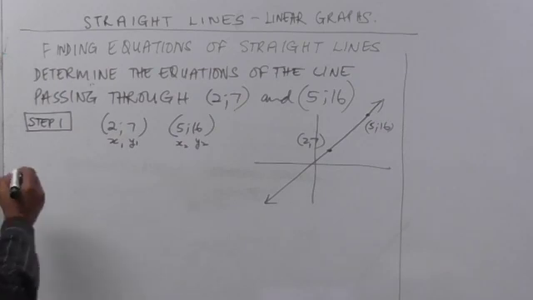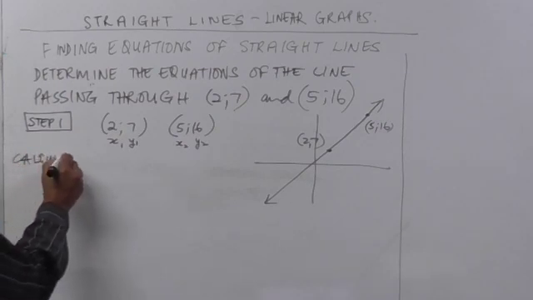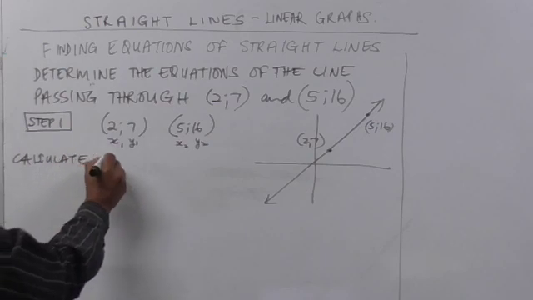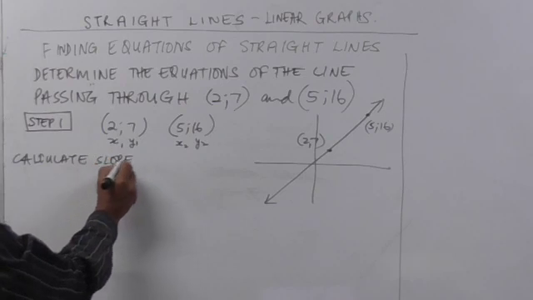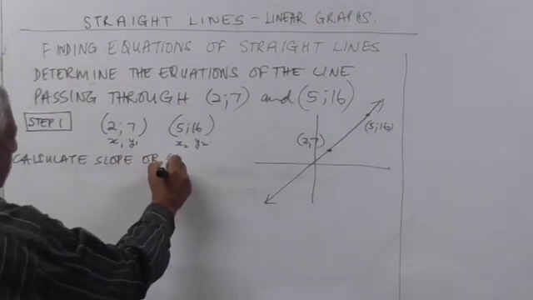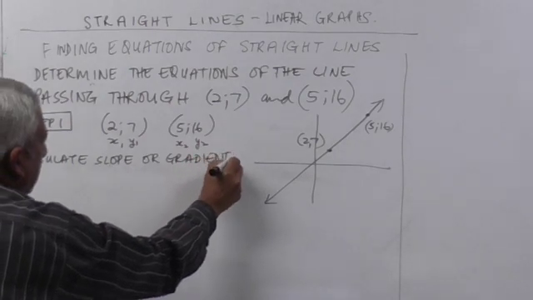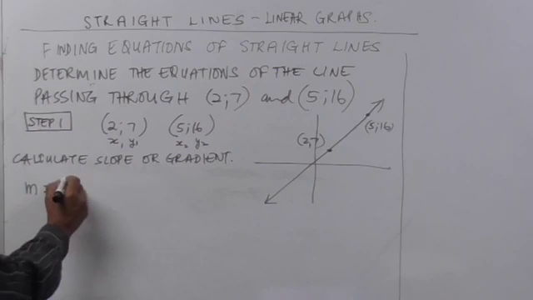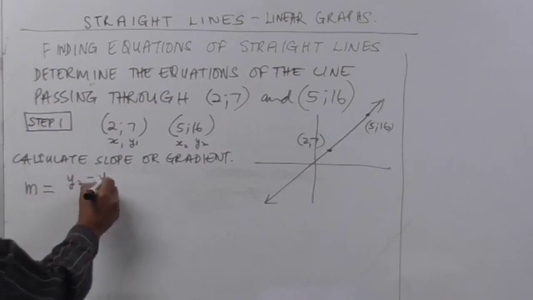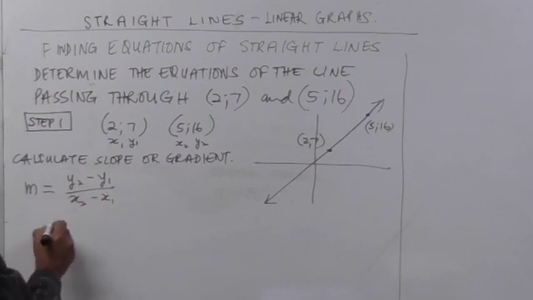So step 1 is calculate the slope or gradient. So we say m, which is a short form for slope or gradient, is equal to y2 minus y1 over x2 minus x1.